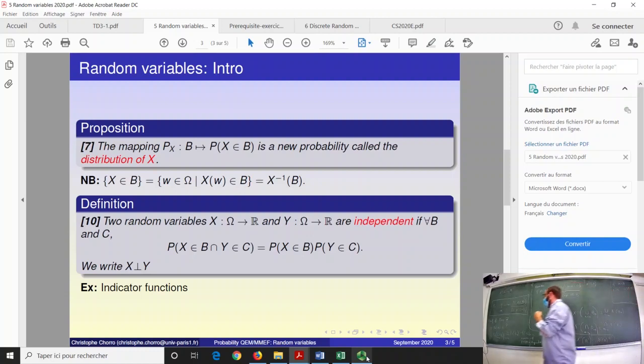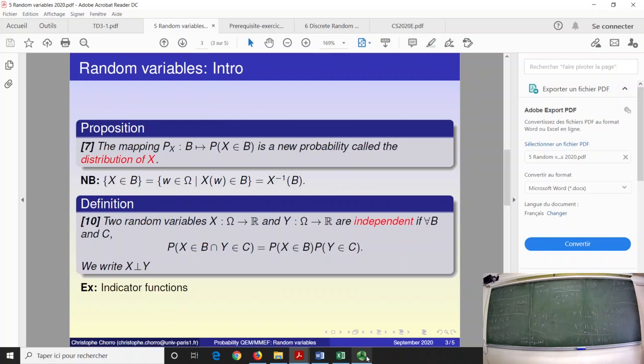Okay? And you are going to see that it's very basic to prove both, but having in mind what I have reminded on the preimages. That's exactly what we are going to do here to prove 1 and 2 in the case of Px, to prove that it is a probability.